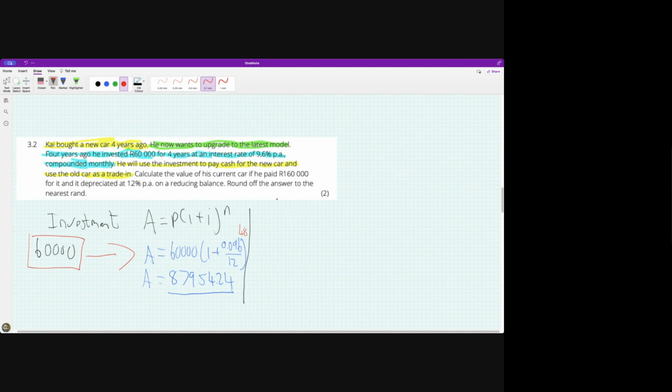calculate the value of the current car. So we'll say the current car started out being worth 160,000, but it lost value. It depreciated at 12% per annum on the reducing balance method. How much is this car worth today? So that 160,000 has definitely lost value. How much is it worth today?